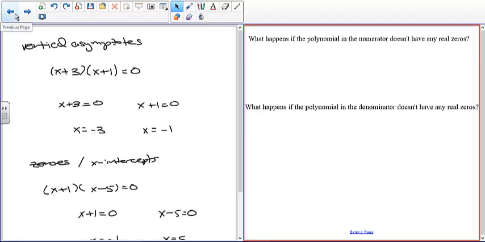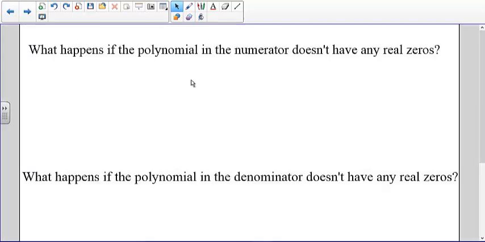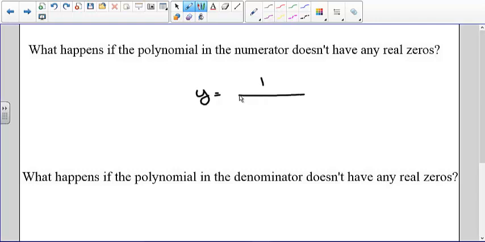Now what happens if the polynomial in the numerator doesn't have any real zeros? So you could have that. I'm going to make up a problem here. We'll assume that the numerator is just a simple 1. But you could have x squared plus 4x plus 16. Okay, oh, that says in the numerator, sorry.